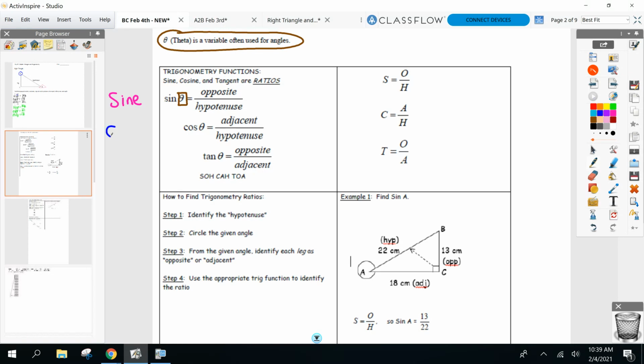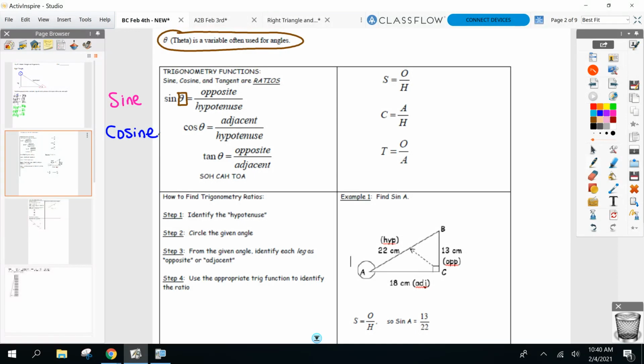The second one is called the cosine ratio. Cosine, but I abbreviate it COS, so I don't have to write out the whole thing. For the cosine ratio, I take the adjacent side and put it over the hypotenuse side. I take whatever side's adjacent and put it over the hypotenuse.